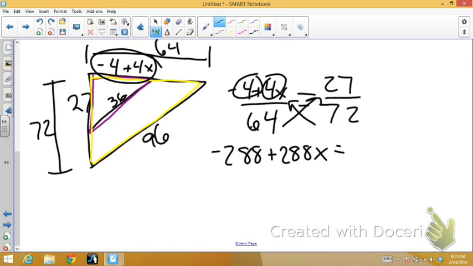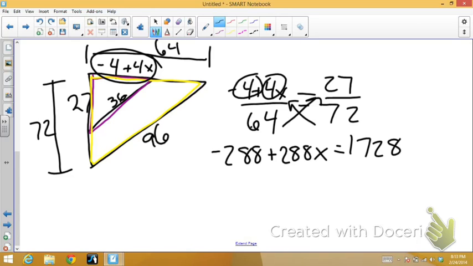And then we cross multiply the other way. 64 times 27 is 1,728. It's okay that we're getting big numbers because when we divide at the end, it'll get back to a smaller number that we're used to working with.